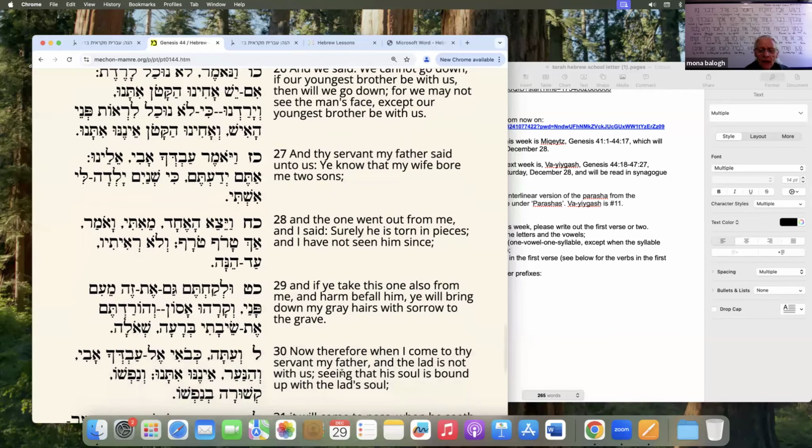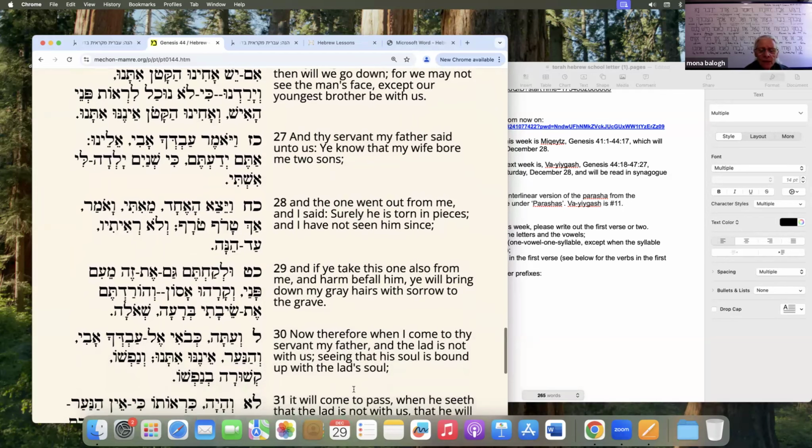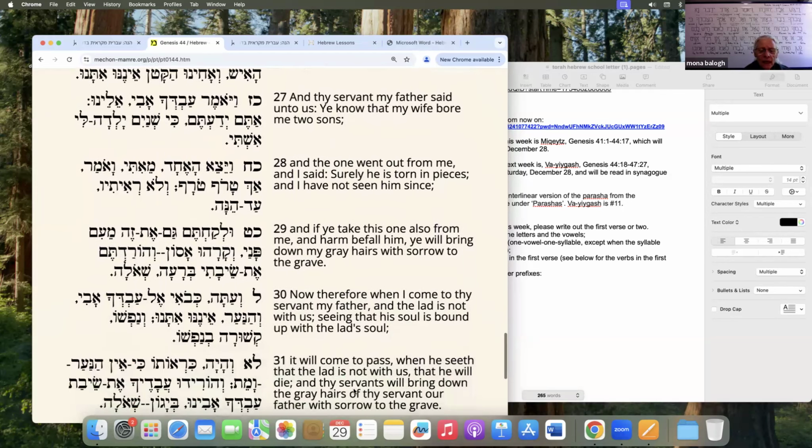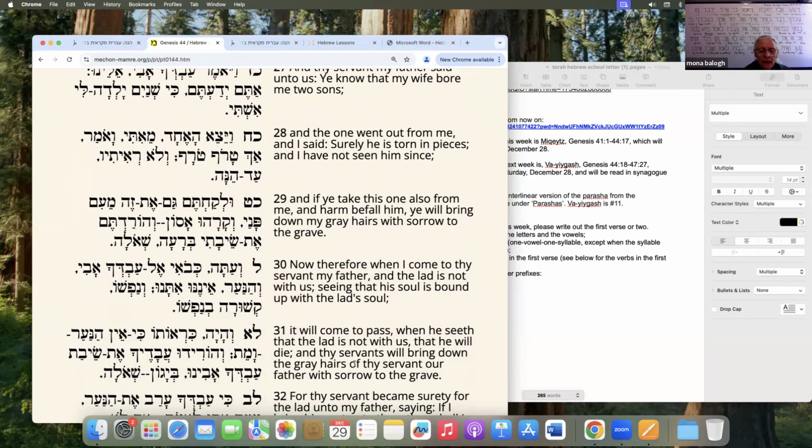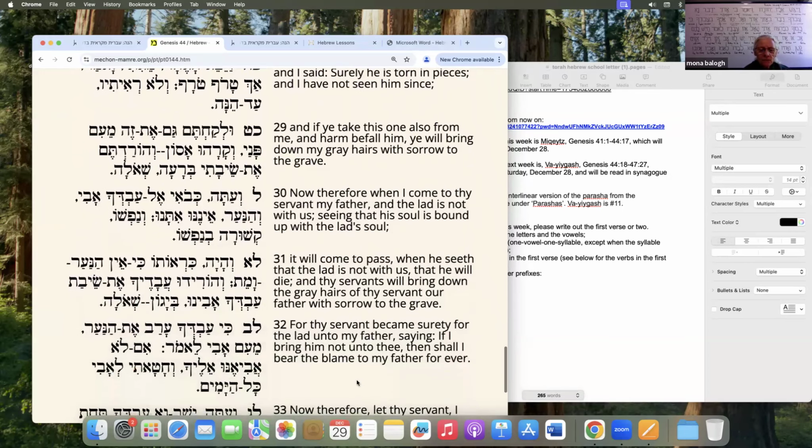Now, therefore, when I come to your servant, my father, and the lad is not with us, seeing that his soul is bound up with the lad's soul, it will come to pass, when he sees that the lad is not with us, that he will die. And your servants will bring down the gray hairs of your servant, our father, with sorrow to the grave. For your servant became surety.